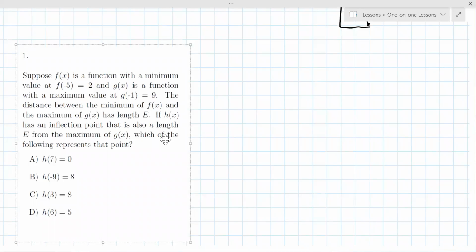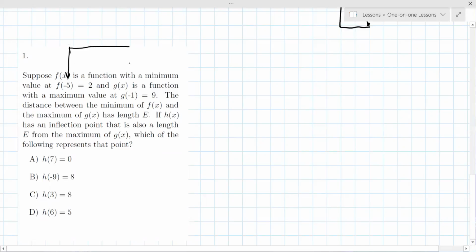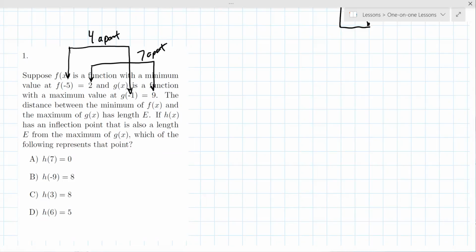How are you doing on this one? I'm almost there. 22. So 7 and 6. Why do you need to do the distance formula again?